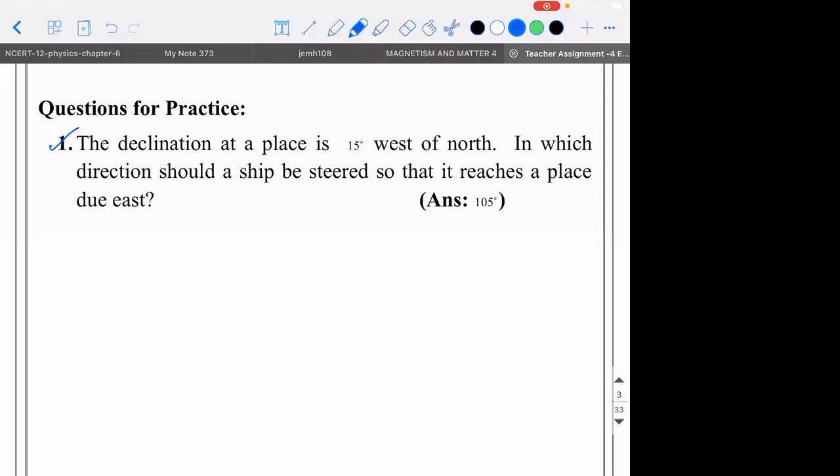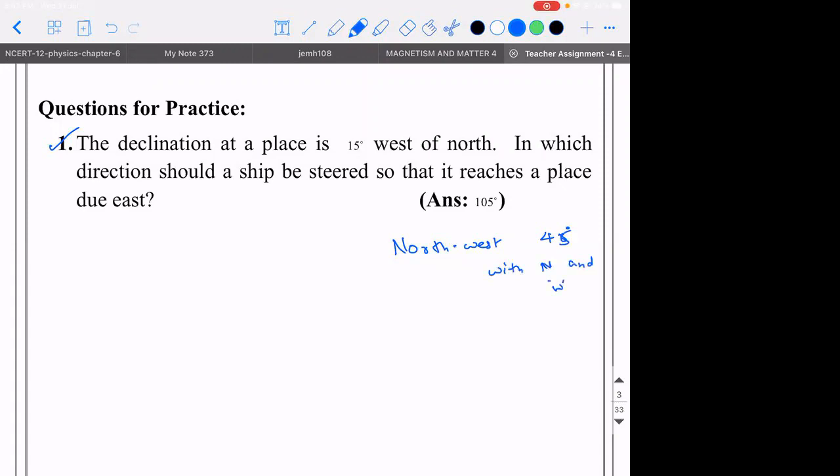So what do you mean by northwest? In between north and west, by what angle? Exactly 45 degrees. If they give the word northwest, then it is exactly 45 degrees with north and west.